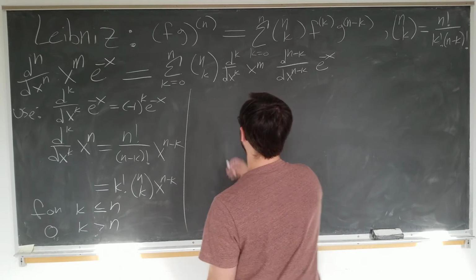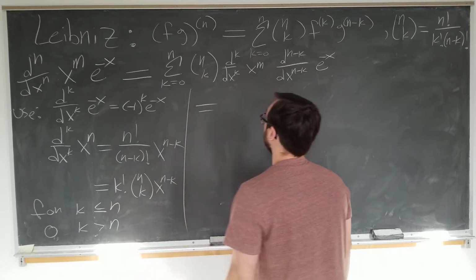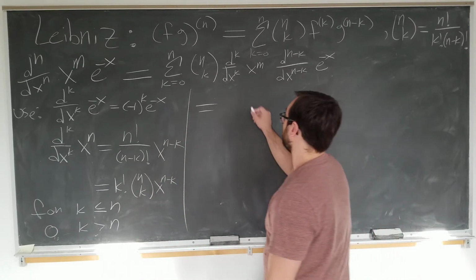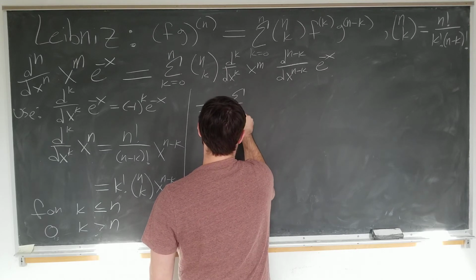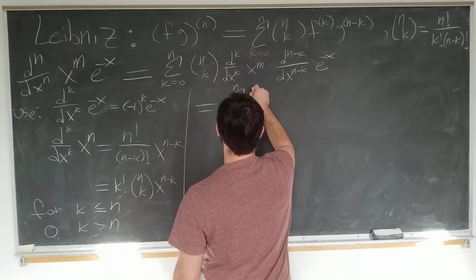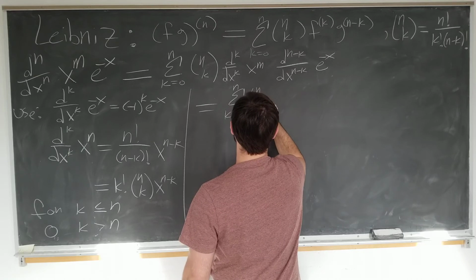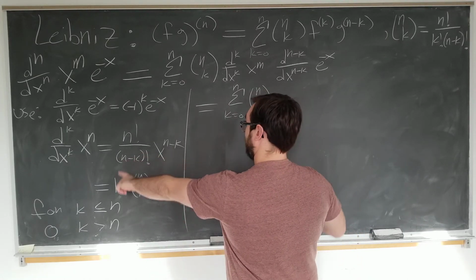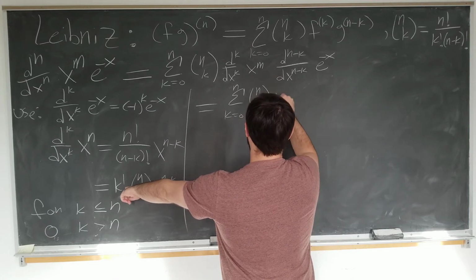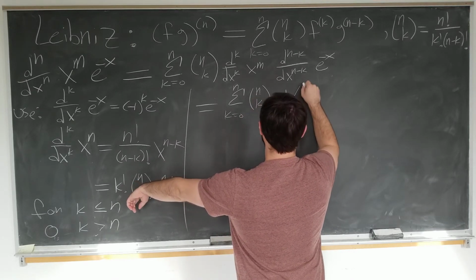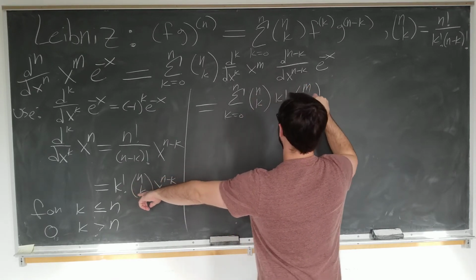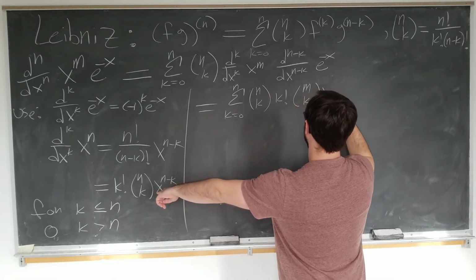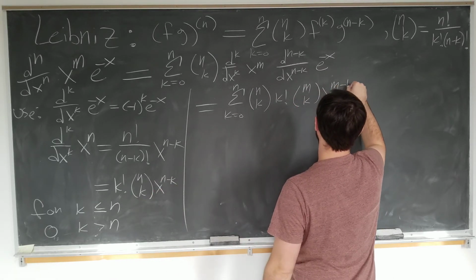Well, this is pretty straightforward. We have the sum k equals 0 to n, and n choose k stays there. We now have, from this formula, k factorial m choose k, because x is to the mth power, x to the m minus k.